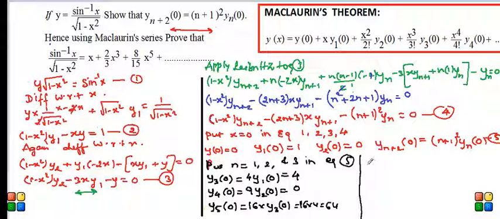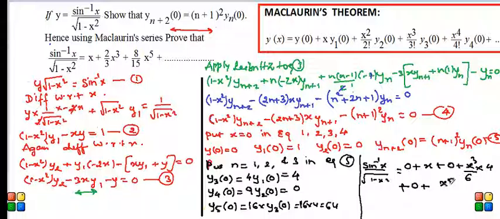So sine inverse x by under root 1 minus x square is y of 0, which is 0, plus x into y1 of 0, which is 1, so into 1 is the same thing, plus x square by 2 factorial, y2 of 0 is 0, so again 0, plus x cube by 3 factorial, which is 6, and into y3 of 0, which is 4, and x raised to 4, y4 of 0 is again 0, so no need to write, plus, and so like this, x5 by 5 factorial into y5 of 0, which is 64.